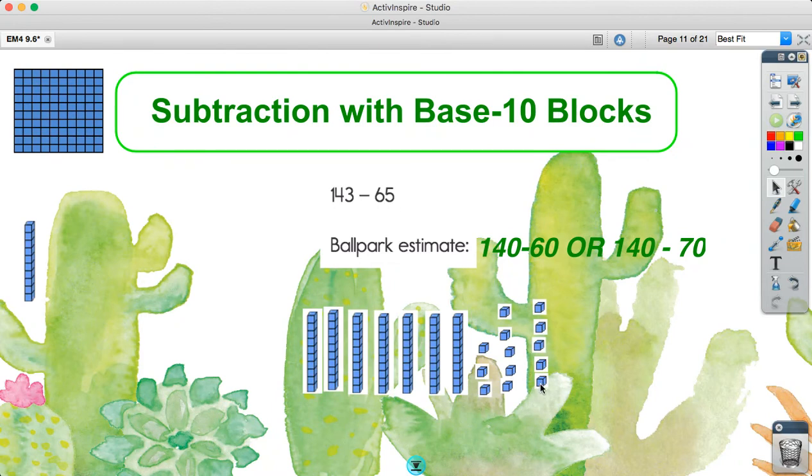I'm going to count 1, 2, 3, 4, 5. I'm left with 7 longs and 8 cubes. 7 longs and 8 cubes is equal to 78.